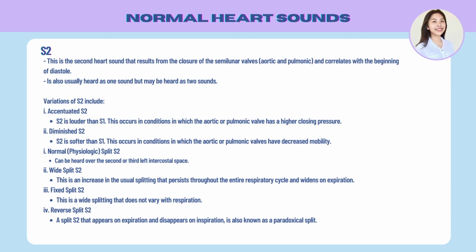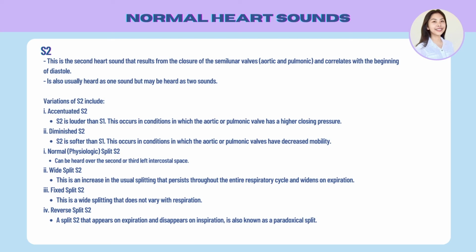For accentuated S2, it is louder than S1. This occurs in conditions in which the aortic or pulmonic valve has a higher closing pressure. Examples include increased pressure in the aorta and increased pressure in the pulmonary vasculature, as well as the calcification of the semilunar valve.